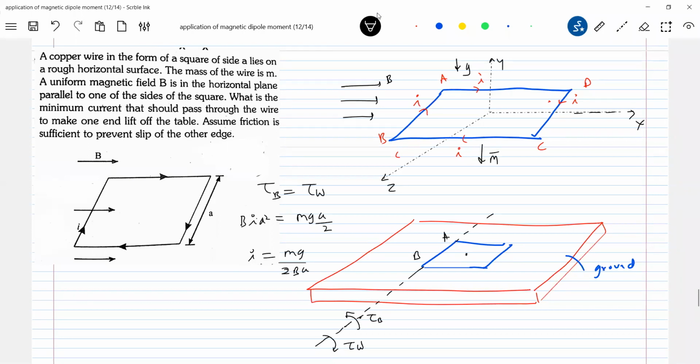But here the torque will be set up about... you can ask a question, like suddenly you are moving away from the basic concept. The torque will be set up about an axis passing through the center of mass.